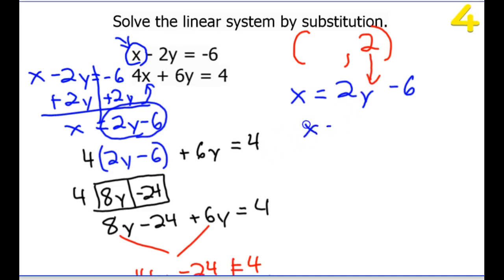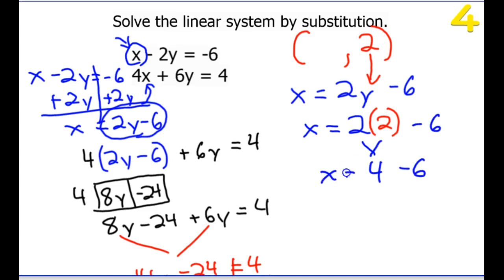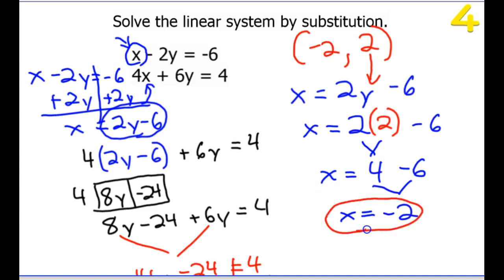So we get x equals 2 times 2 minus 6. 2 times 2, that's 4, minus 6. We get 4 minus 6, which is negative 2. X equals negative 2. So our answer is negative 2, 2.